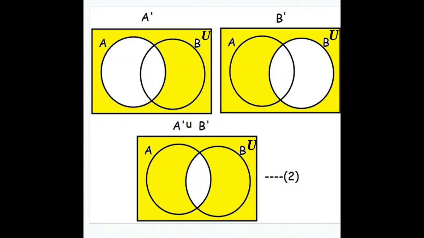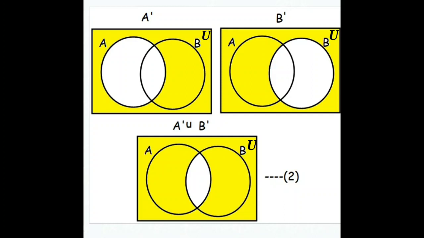Then right hand side, A' union B'. Then A'. We know the concept A' = universal set minus A. So shading universal set except A, that is A'.